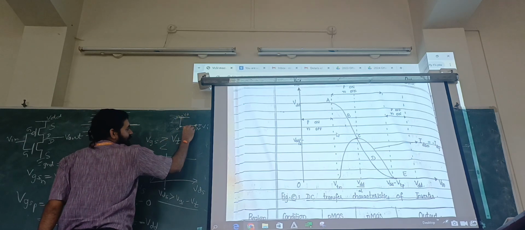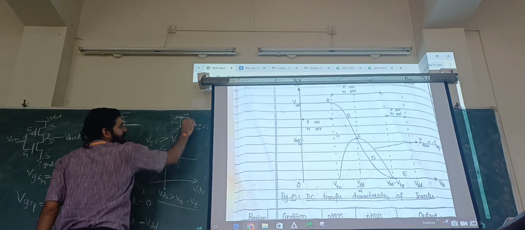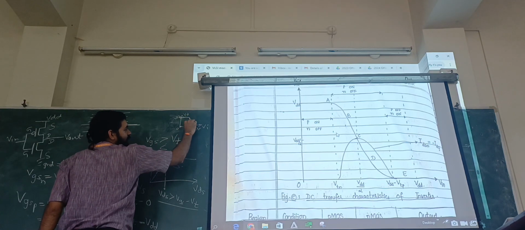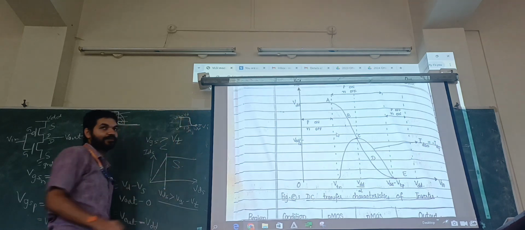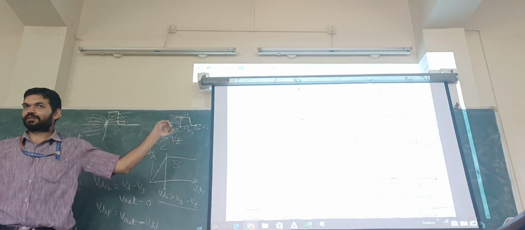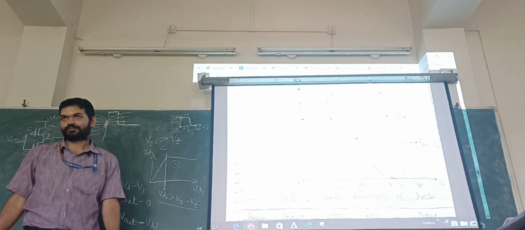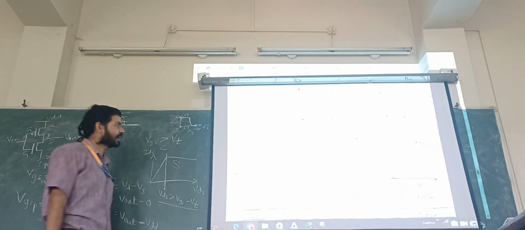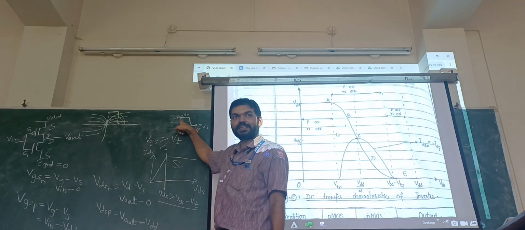If input is 2.5, the output is falling down. If input is 3, it has fallen down. Input is 4, it is 0. So this graph is telling us the behavior of CMOS inverter for different values of input, how the circuit behaves.